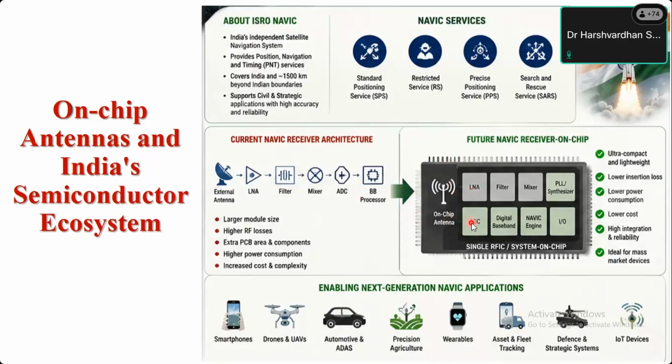Why I am saying receiver, I'll tell you. The applications you can see, whatever the GPS application, it will be replaced by this, whether in smartphones, drones, wearables or defense, everywhere GPS is required. So there we can replace it, and it will make this mission India's own, independent, Atmanirbhar, all those things.